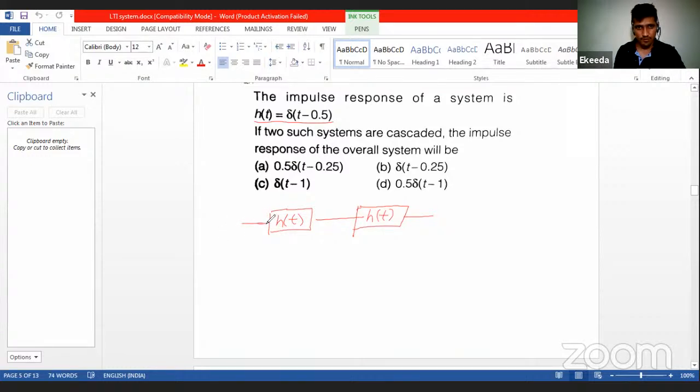This is the input, XT, and this is the output, YT. So the overall HT will be the convolution of these two.